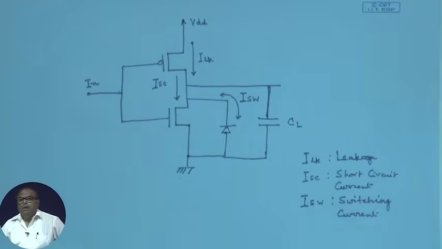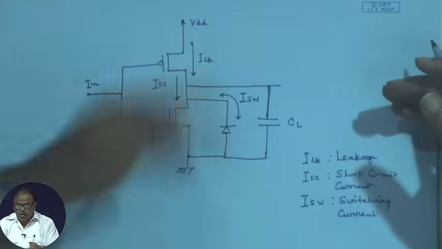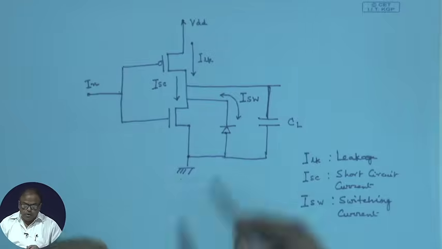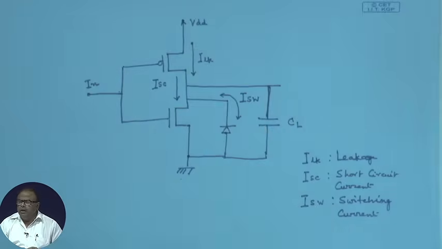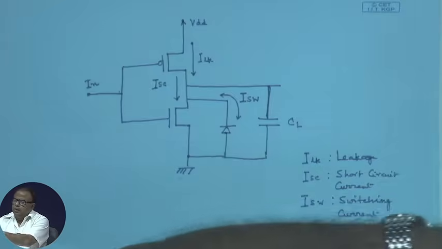Right. More the switching activity in a circuit, the more will be the power consumption. Okay. So, this is the basic circuit behind any component of an embedded system. If we assume that, then we can come to a couple of equations.